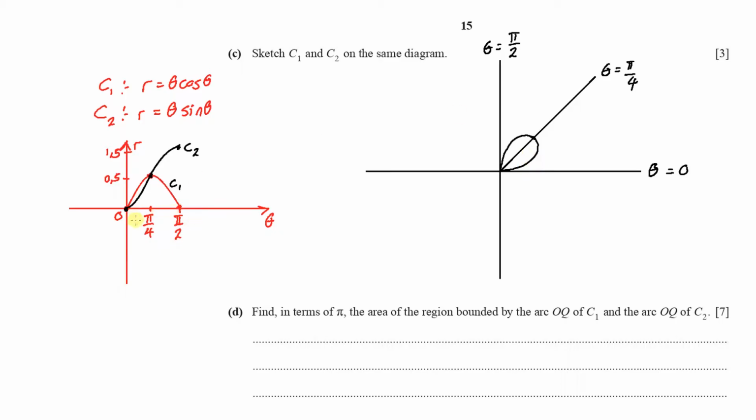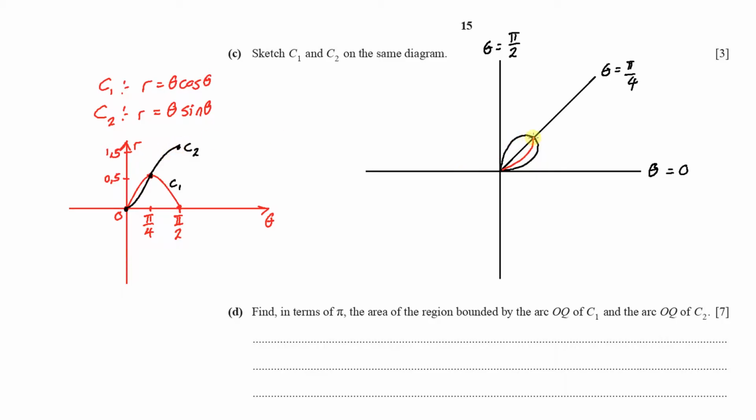And then for C2, the one in black, as we move from 0 to pi over 4, r increases to 0.5. So we will also have that. And as we move from pi over 4 to pi over 2, it continues to increase all the way up to 1.57.